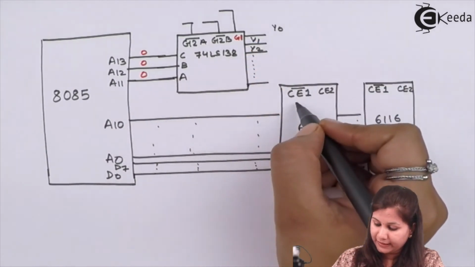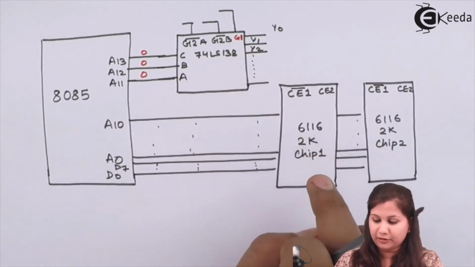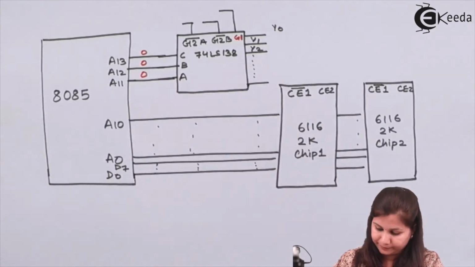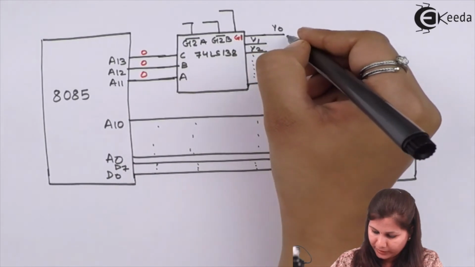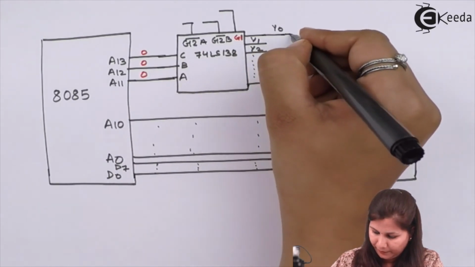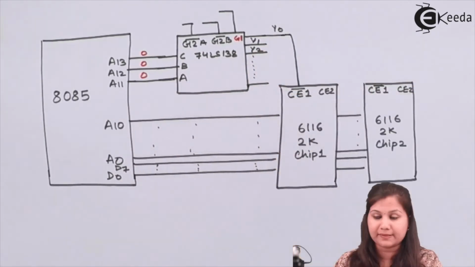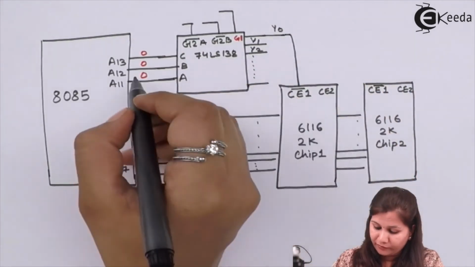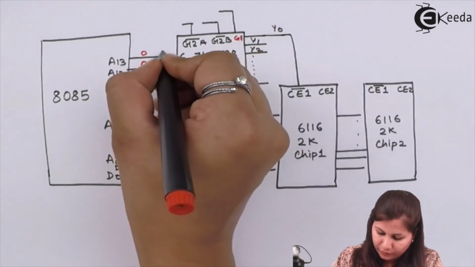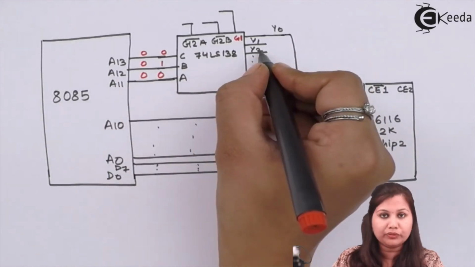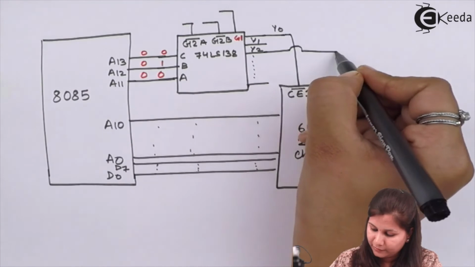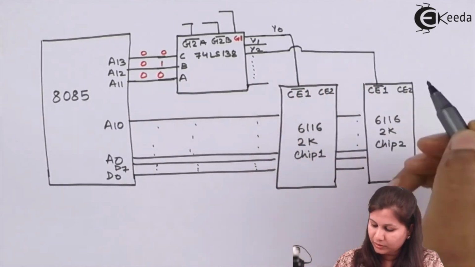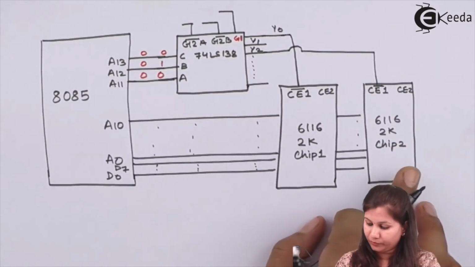So Y0 is connected as the chip select signal of chip number 1. When the input is 0, 1, 0, Y2 will be activated, and Y2 is used as the chip select signal for memory chip number 2.